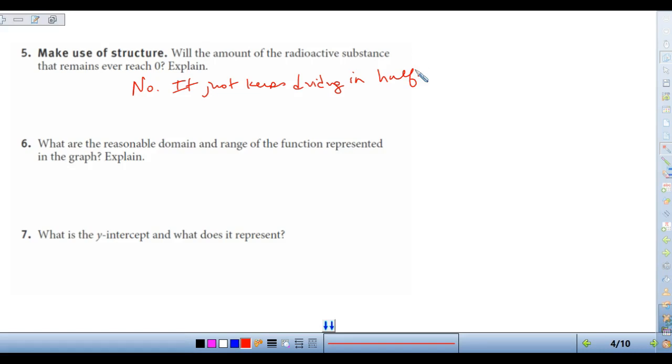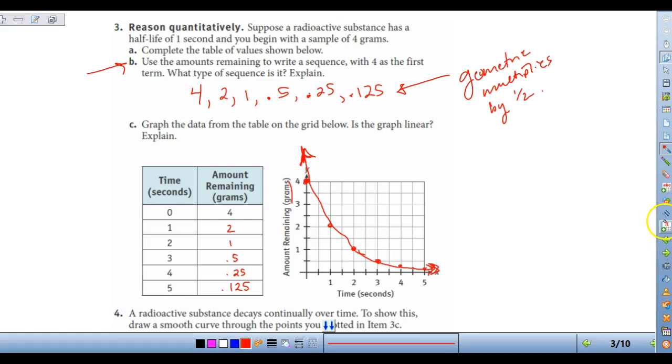So the reasonable domain and range for this function, domain in this case is time, so it would be the set of all x where x is greater than or equal to 0. 0 was our starting place. If you look back at our graph, you can see that it actually stops right there.